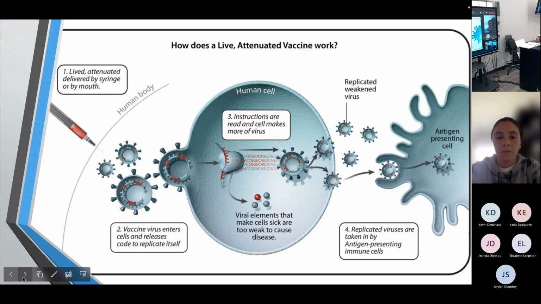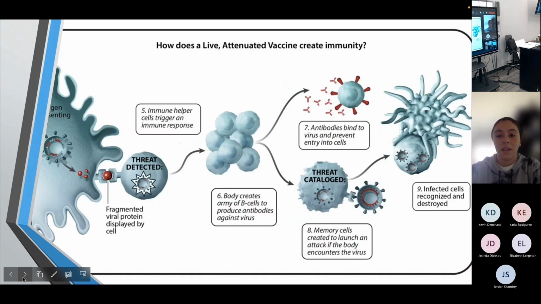And then next slide. Of course, those APC cells are going to be displaying some of that viral protein, which is going to cause a threat to be detected by the body. So all these immune helper cells are triggered at this point, and then the body creates an army of B cells to produce antibodies against the virus, and those antibodies are going to bind to the virus to prevent entry into the cells.